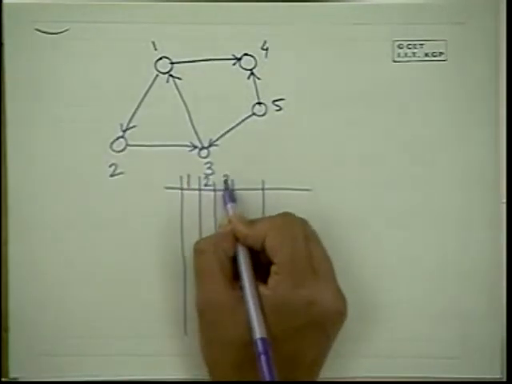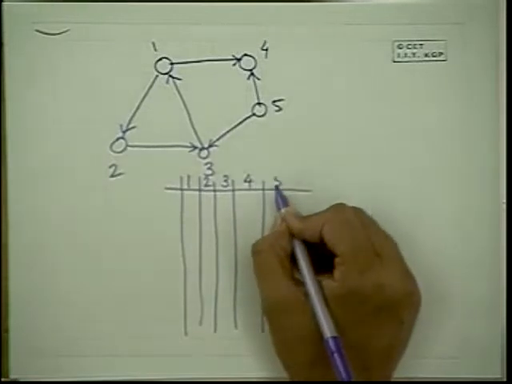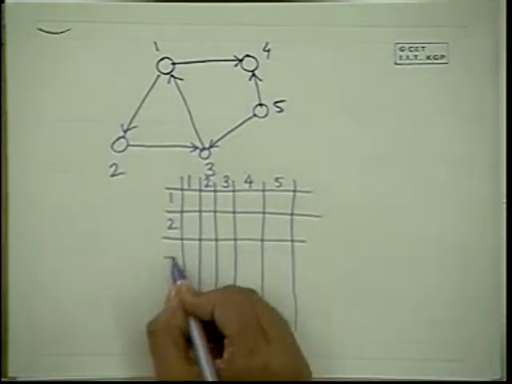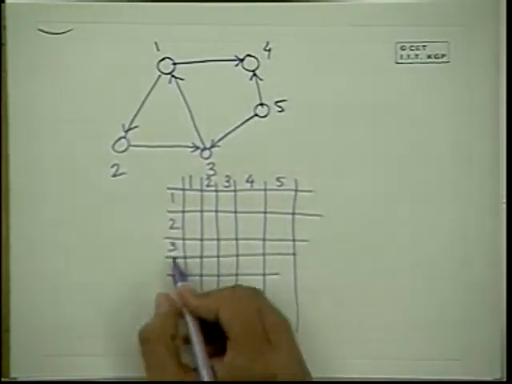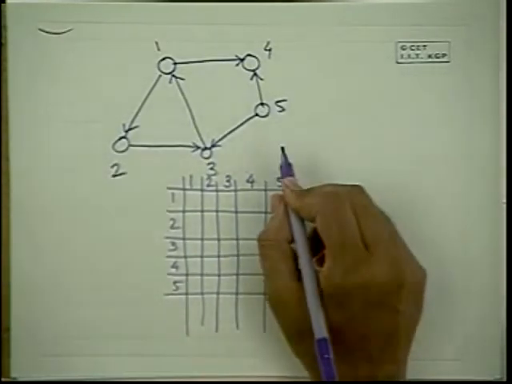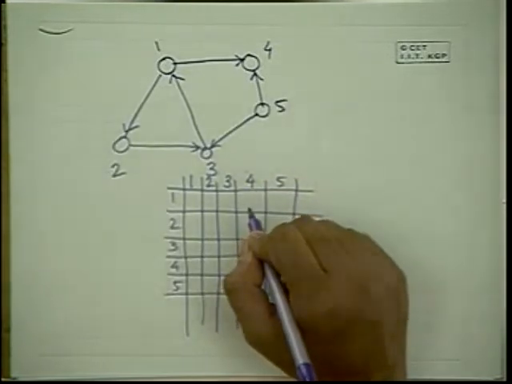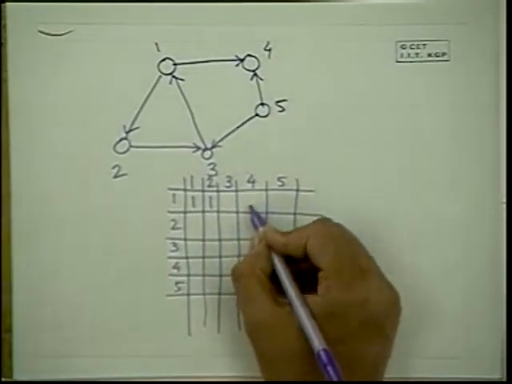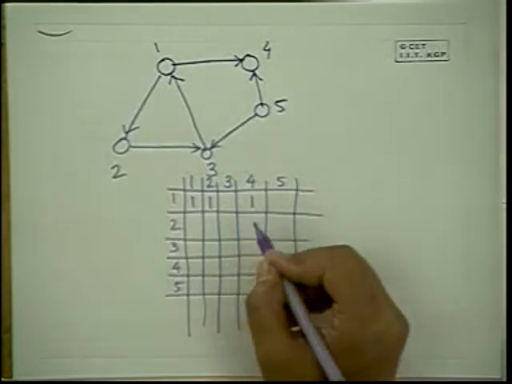Rows 1, 2, 3, 4, 5, and columns 1, 2, 3, 4, 5. In this case, I will assume d_ii is 1, since you can reach the vertex i from itself trivially. Here the diagonal elements will remain as 1. I am putting only the weight matrix. You check whether I am correct or not.